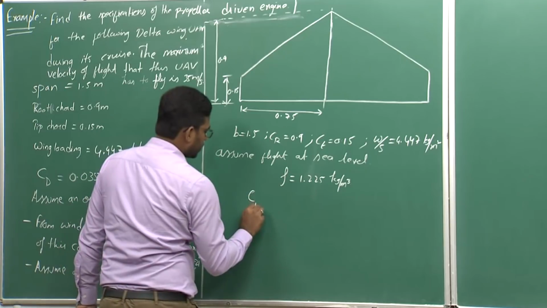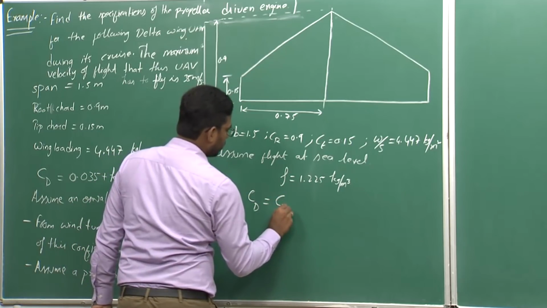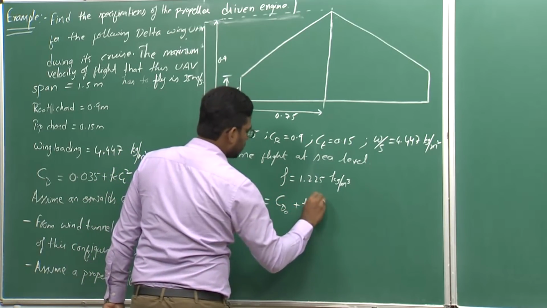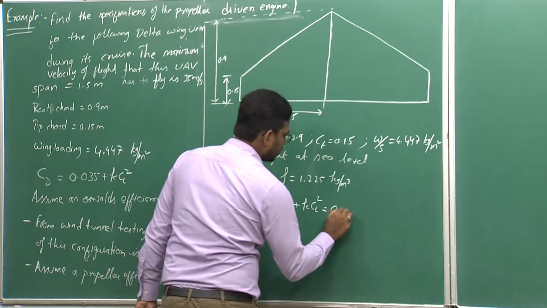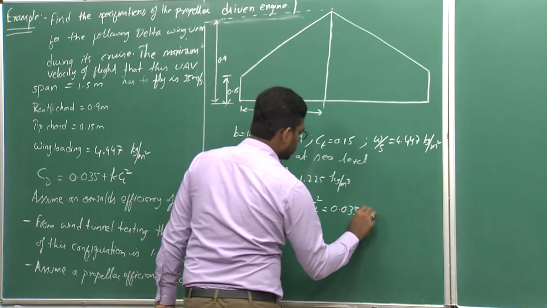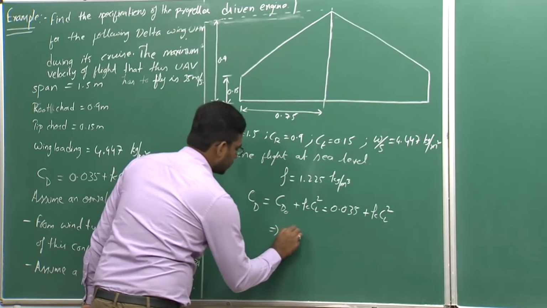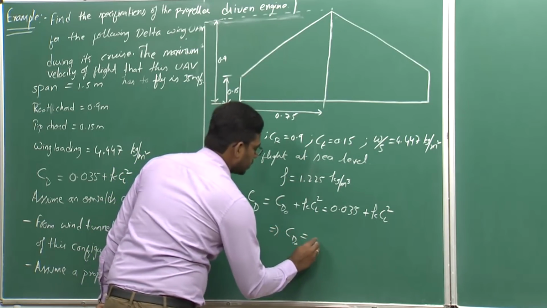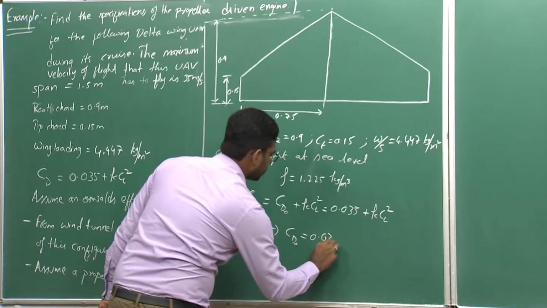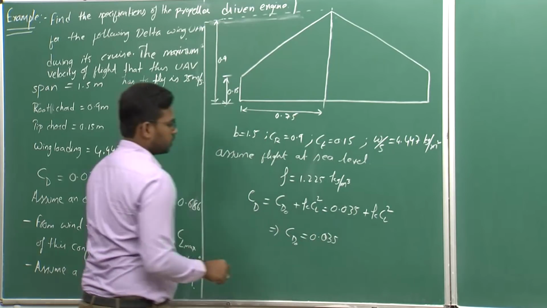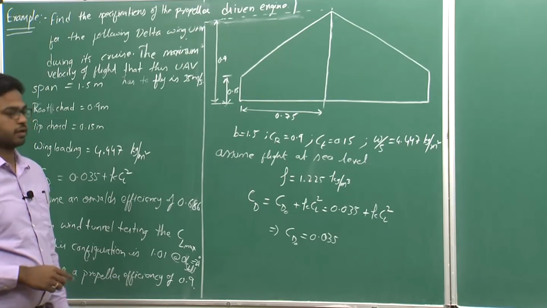And the drag polar is given for this UAV, which is CD naught plus K CL square equals 0.035 plus K into CL square. So, this implies CD naught, the profile drag coefficient, is 0.035, and we need to find out what is K, the induced drag correction factor.